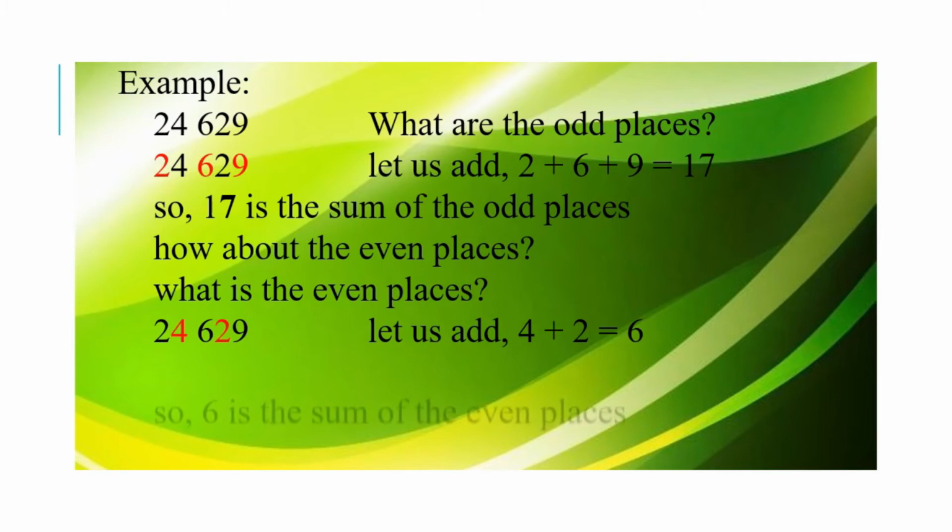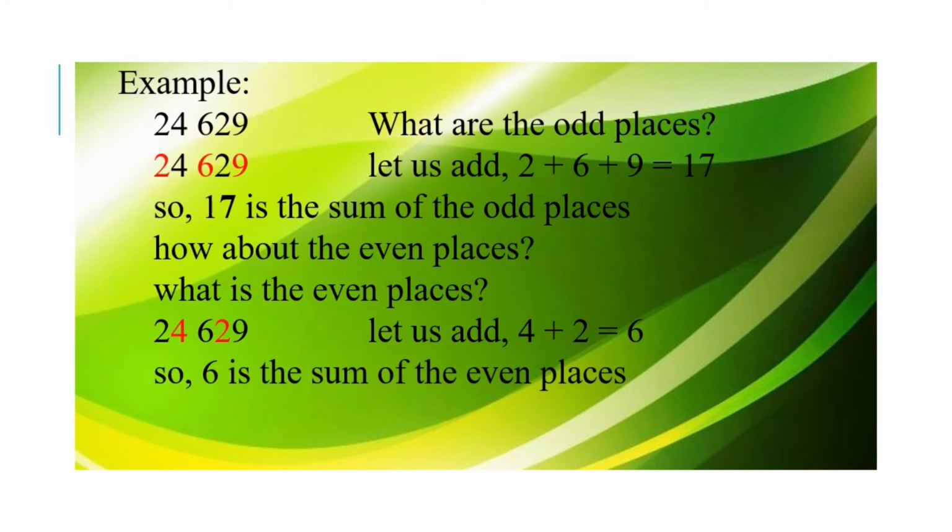Okay, take note. 6 is the sum of the even places. Okay, very good. What will we do? Very good. We will subtract the odd places to the even places.